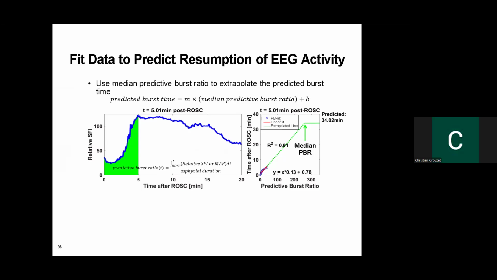So we pooled 5 and 7 minutes together. So this was used for both 5 and 7 minutes. The reason why I think it worked, I don't know for sure, but we normalized to the asphyxial duration. So that was one of the terms in this predictive burst ratio, that normalization.